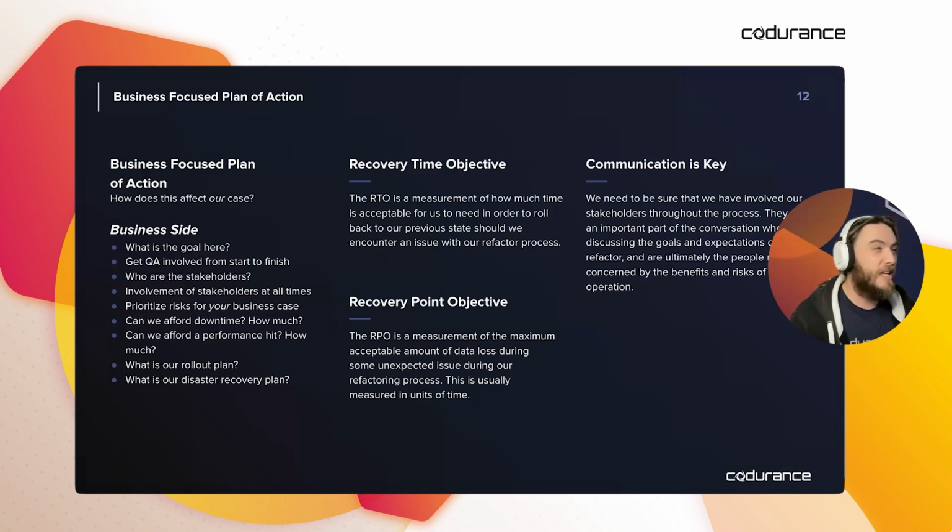Prioritize risks for your business case. Like I say, so much of this depends on the individual use case that we have. Like I mentioned before, for certain industries or organizations, their data is more sensitive than others. In Europe, for example, there's GDPR to be concerned with, like how visible can data be, which can be a question your team might have to consider when we're talking about the migration of data from one place to another.